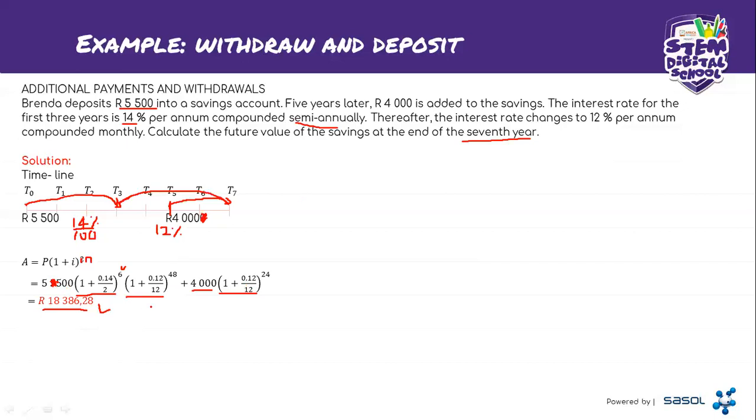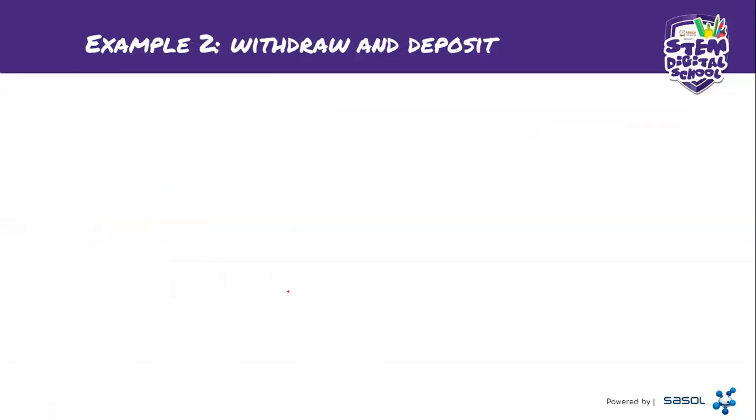I remember when I was putting it on my calculator, it gave me this one. So please go and recheck it. But this is how you should go about it if you have two interest rates and there's another money which is added. Okay, let's proceed.